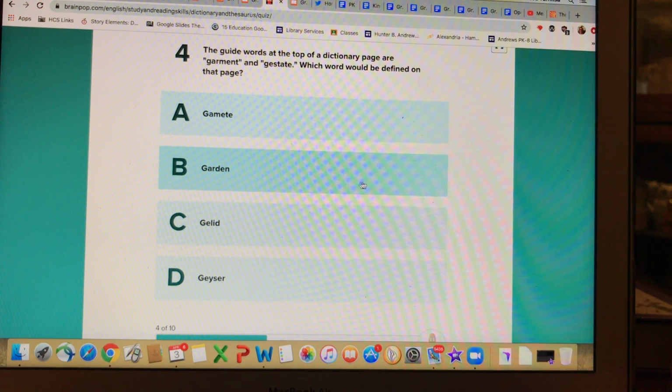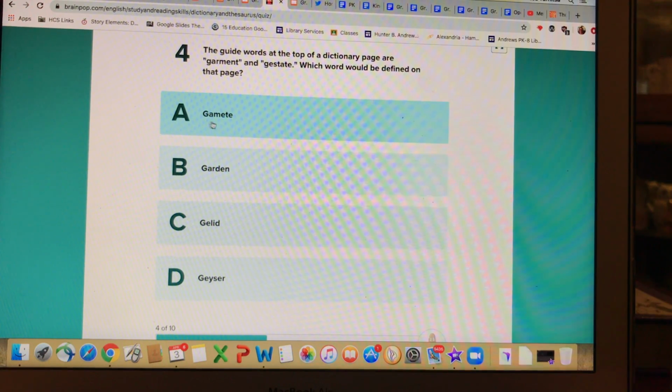Okay, let's look. The guide words at the top of the dictionary page are garment and gestate. Which word would be defined on that page? Okay, so I have G-A-R. Now remember, these are the guide words at the top of the page. G-A-R and G-E-S. So it has to be able to go in between those two.